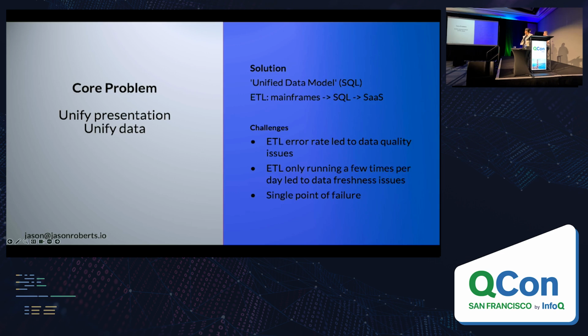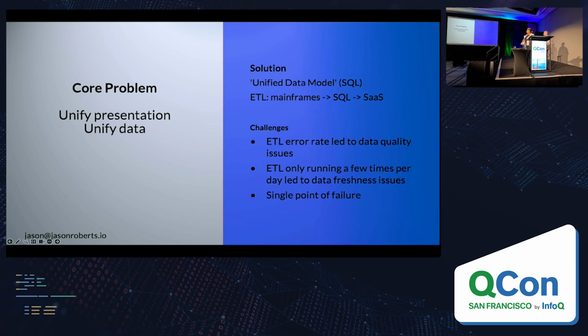So the solution was to unify this data between multiple mainframes, and the solution of choice was ETL batches from mainframes to a unified data model SQL database and into the SaaS platform, which had its own data store.